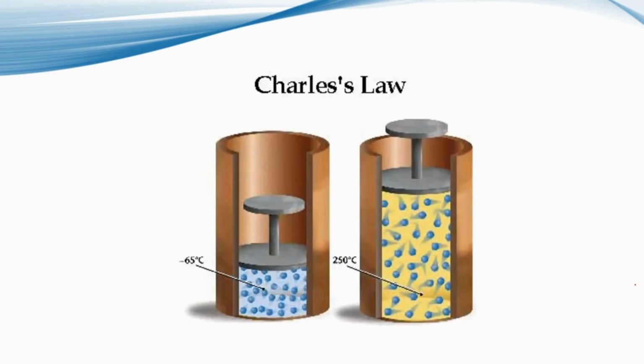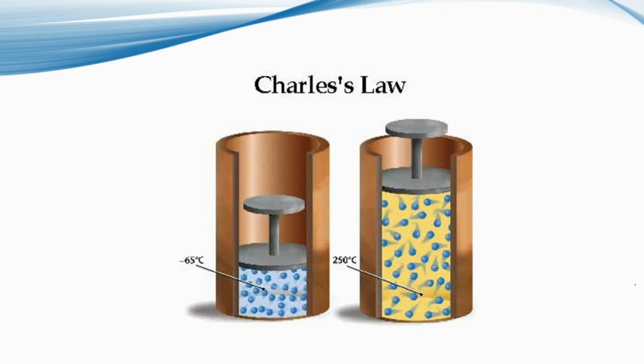So here we have a visual of Charles' law. And we saw a very similar simulation of this, where assuming that we have the same amount of particles, right, the number of moles stays constant, and assuming that we are going to continue with the same pressure, if we were to increase the volume that all of these particles are in, and yet we want the pressure to remain the same, then that means that they're going to have to hit the walls of the container more often.